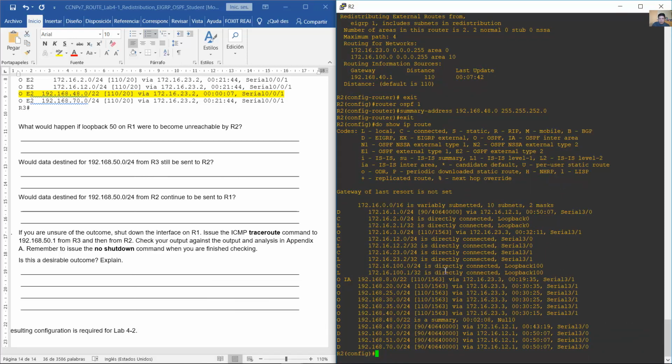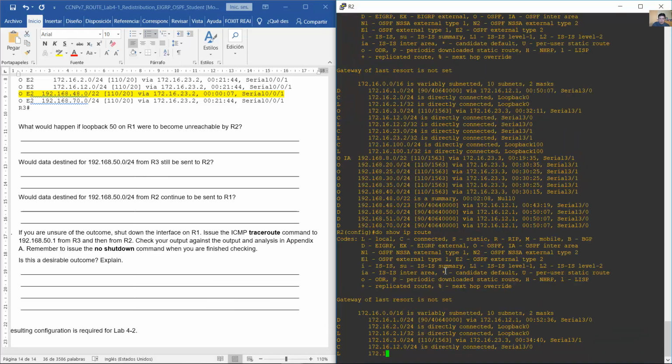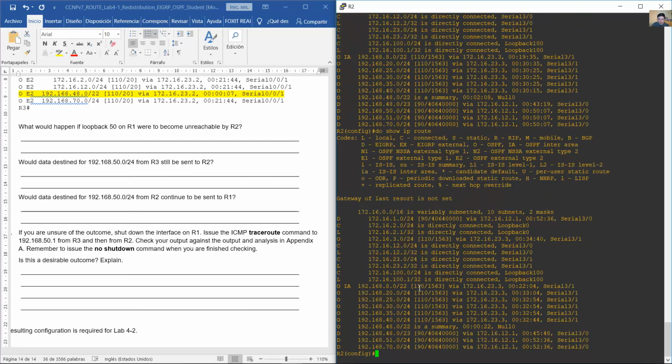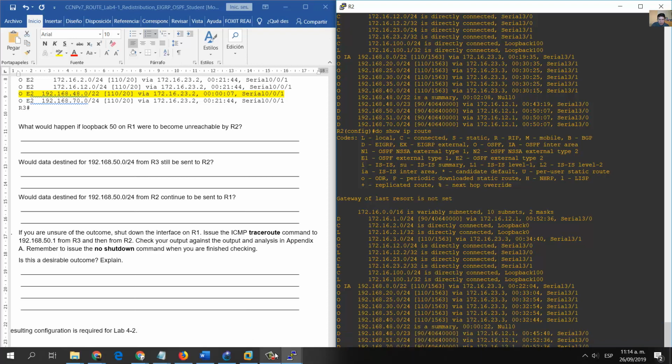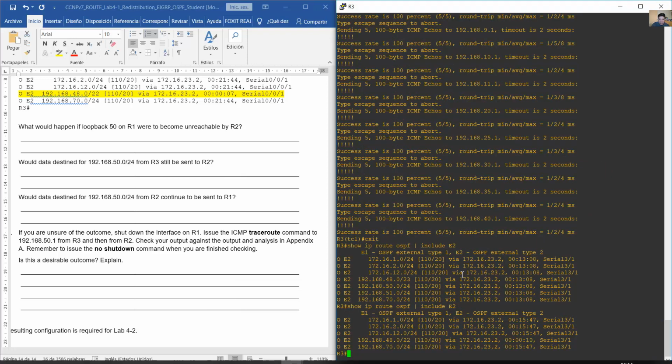Go to R2, do show ip route. Okay, 50 is not advertised here. No 50.0 network. Go to R3, show ip route ospf.